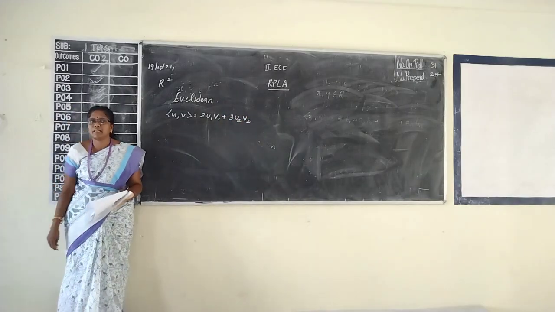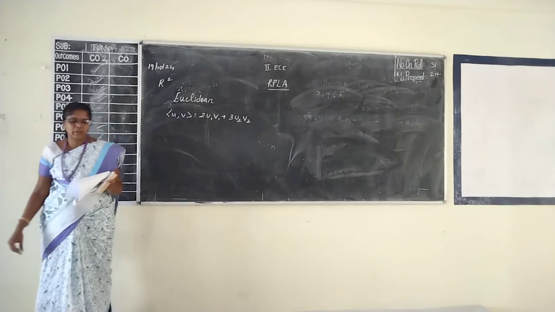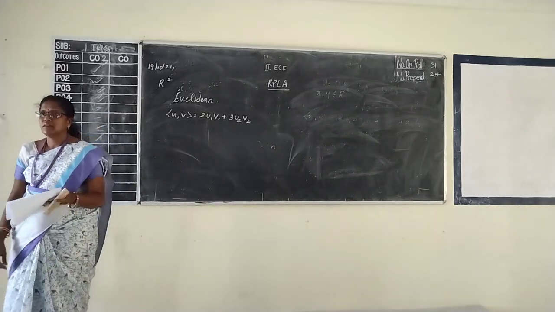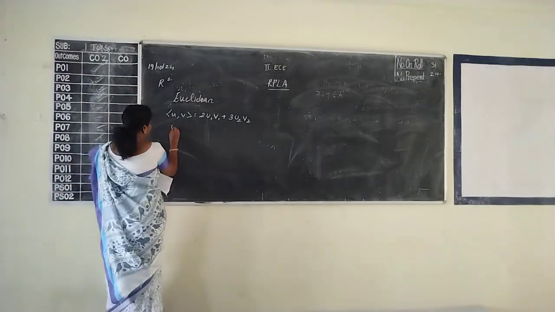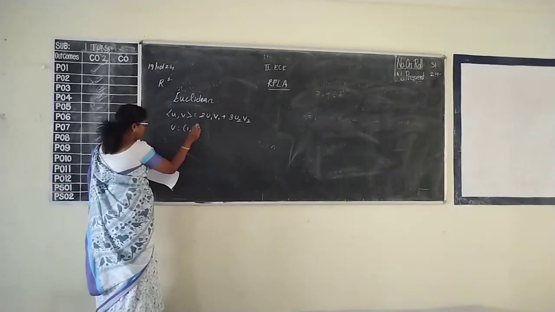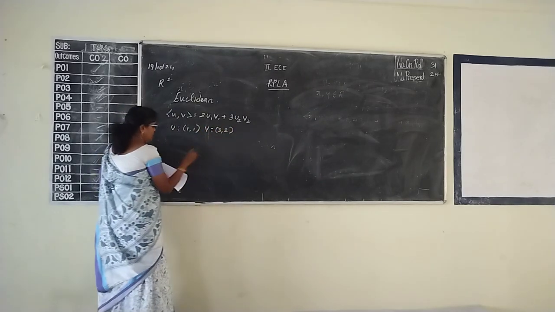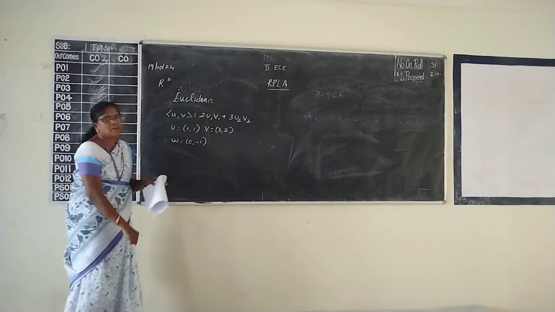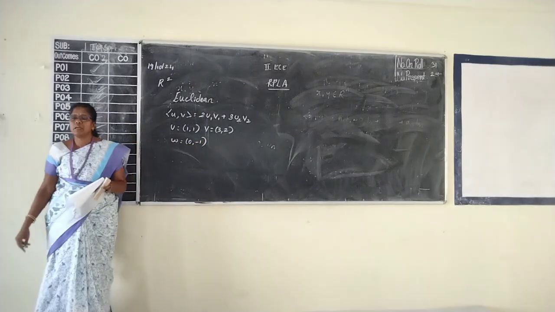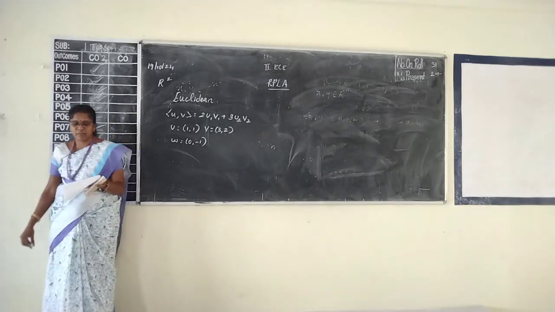This is how we have defined the inner product. And let u equal to (1, 1), v equal to (3, 2), w equal to (0, -1). u is (1, 1), v is (3, 2), w is (0, -1).